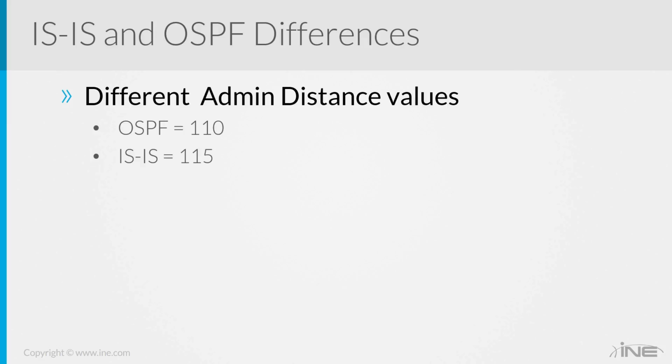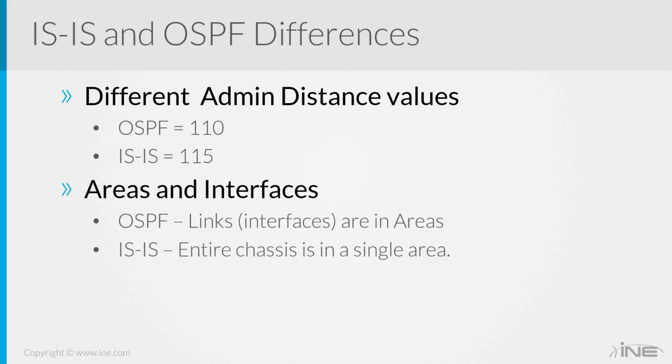The first is that the administrative distance is different between the two. IS-IS is less preferred than OSPF. Areas and interfaces: IS-IS does not put multiple interfaces of a router in different areas. If you have two interfaces on an OSPF router, both interfaces can be in different areas.